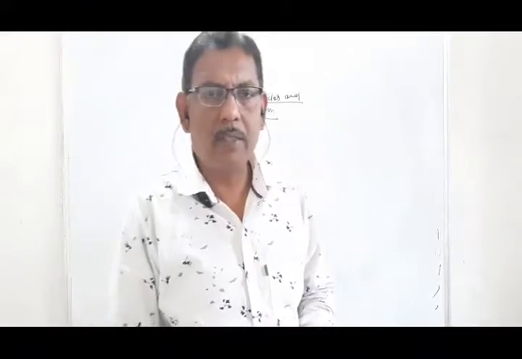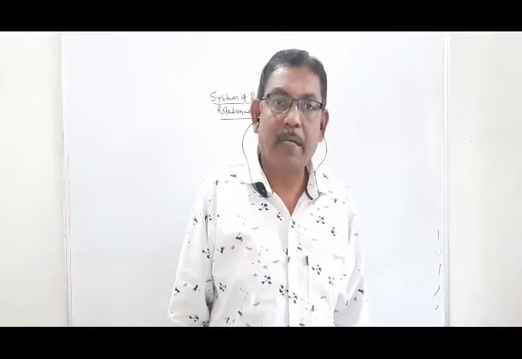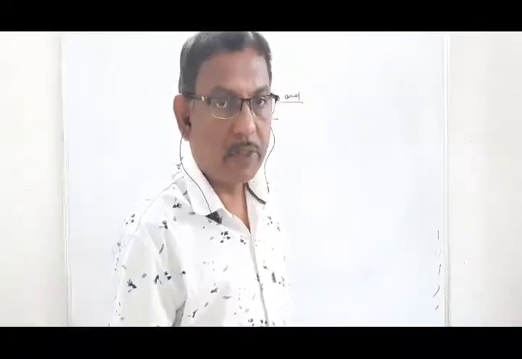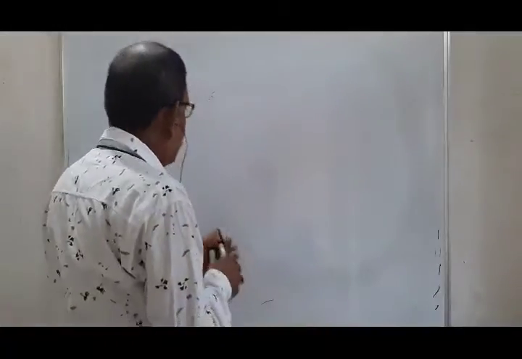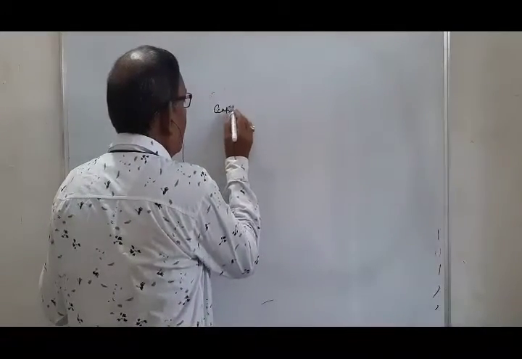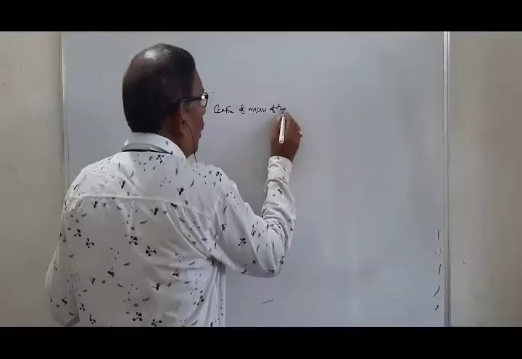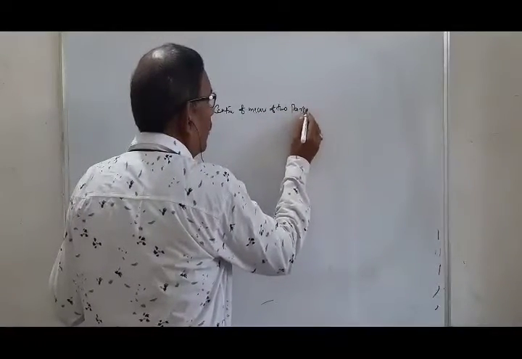Now, we discuss the mathematical form of the position vector of the center of mass of a two particle system. So look here. Center of mass of a two particle system.